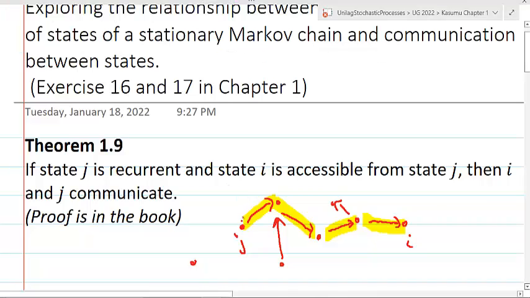All right. Now, we also know that J is recurrent. What does that mean? That means if it goes out, eventually, after some time, it must come back to J. That's a little bit difficult to draw, but have that concept in your mind. If it goes out and visits other states, eventually it's going to come back to J. It cannot stay away forever.